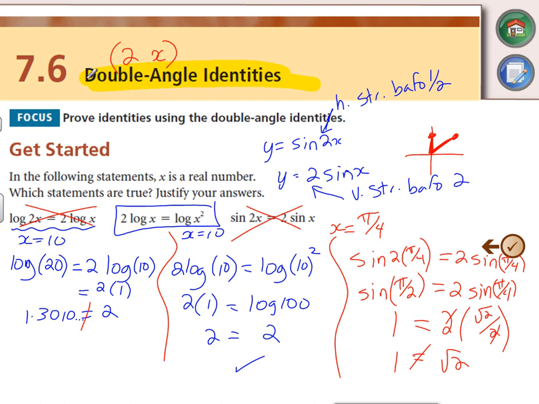The horizontal stretch by a factor of 1/2 means that our period equals 2 pi over b. Our period went from 2 pi to pi, and our amplitude is equal to 1. That's going to look very different than the second one, where that 2 is an amplitude of 2, and the period equals 2 pi over 1, which is 2 pi. Very different graphs. So no, for sure, that's a no-go.